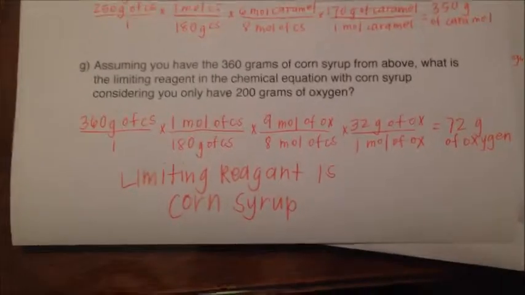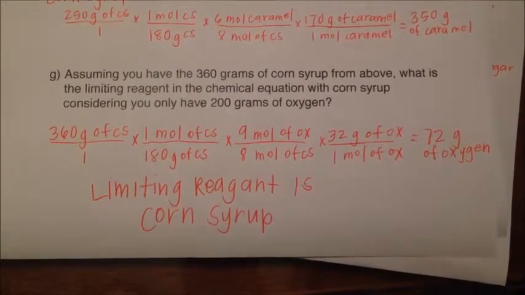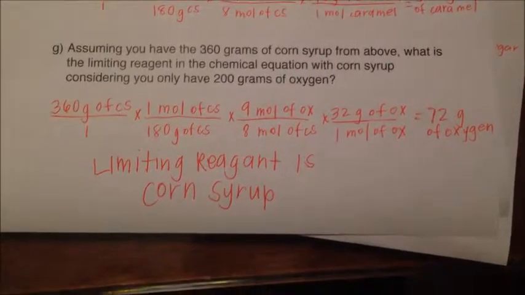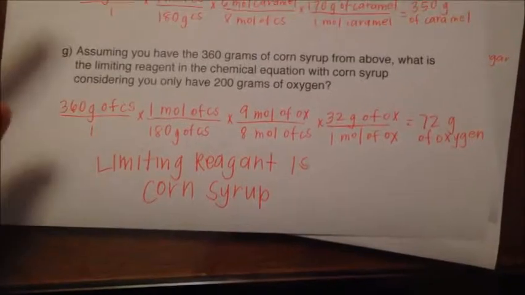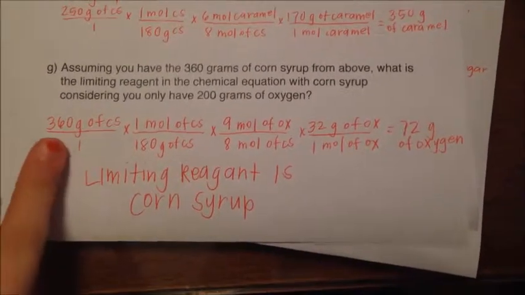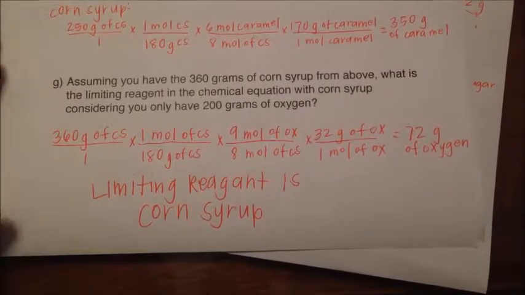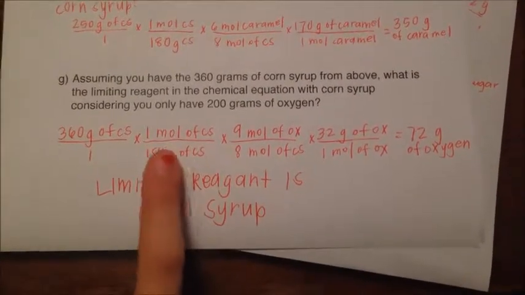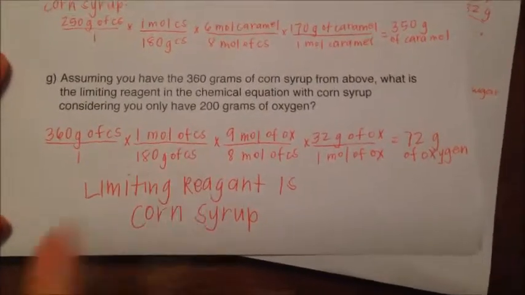Okay, assuming that you have the 360 grams of corn syrup from above, what is the limiting reagent in the chemical equation with corn syrup, considering you only have 200 grams of oxygen? So to solve this, you take the 360 grams of corn syrup and you divide by 180, and that's the molar mass of corn syrup.